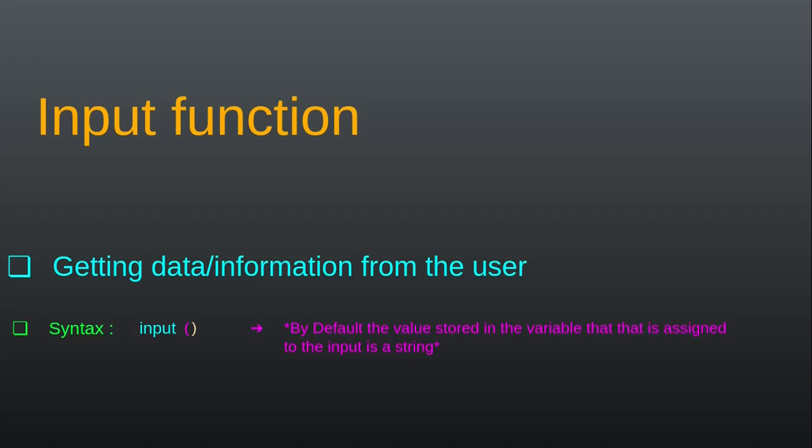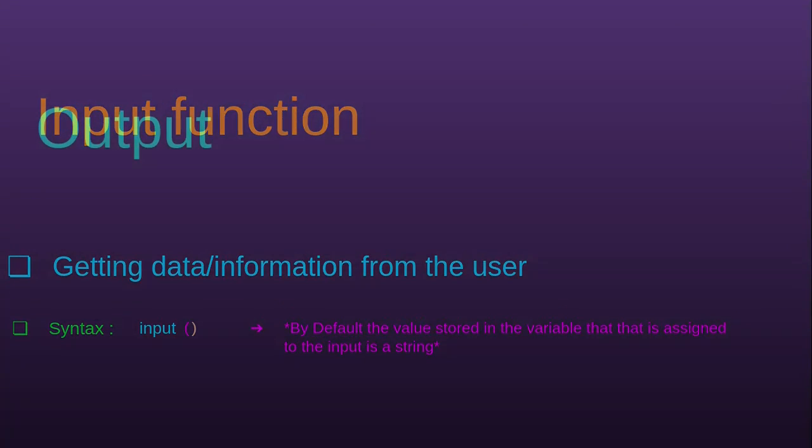What does that mean? It means that even if you put a number, that number is seen as a string. It's not seen as an integer, but a string. We will discuss ways on how to convert your string, which is supposed to be a number, to a number.